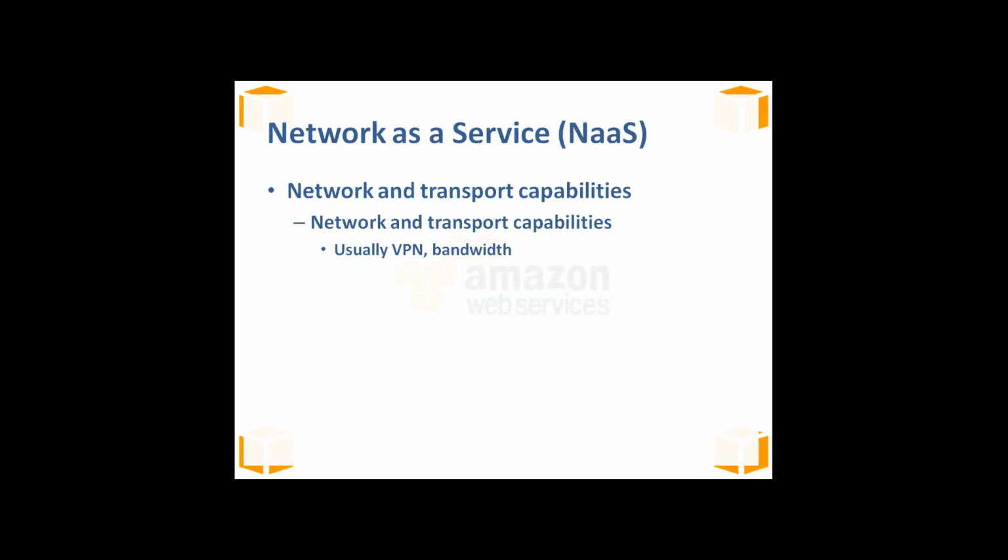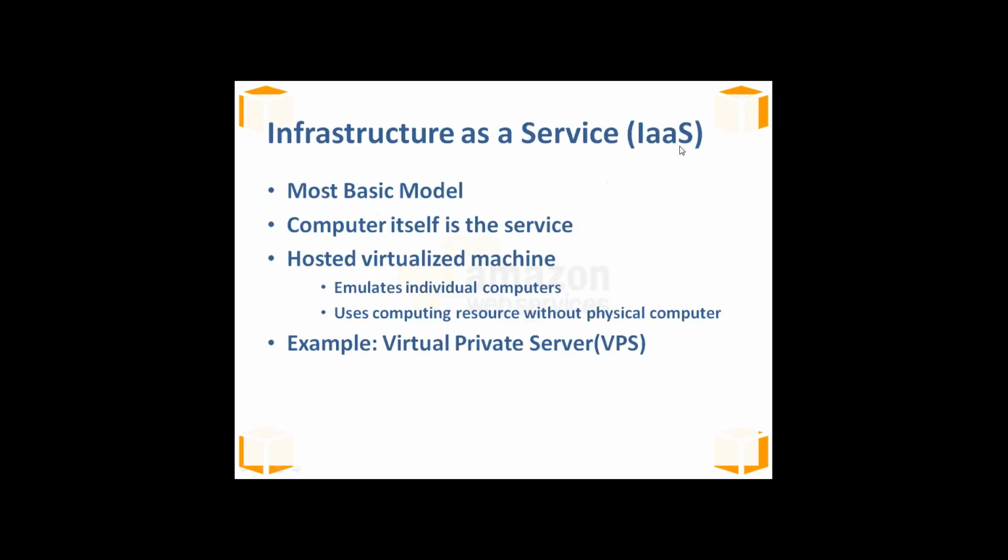IaaS is the most basic model. For example, a computer itself acts like a service because the computer contains hardware as well as software that provide many services. It is also considered a hosted virtual machine.